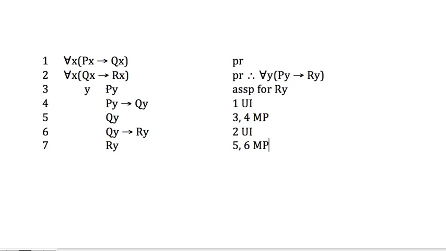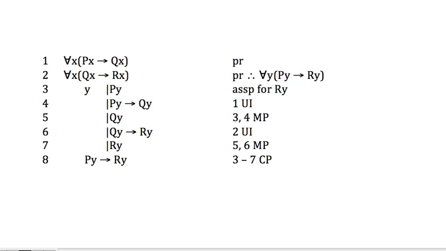Having gotten ry, I have completed this conditional proof. So I can draw my scope line, and I can unindent one level back to the point where I declared the variable, and I can conclude if py then ry. So that's 3 through 7, conditional proof. And then I can universally generalize.